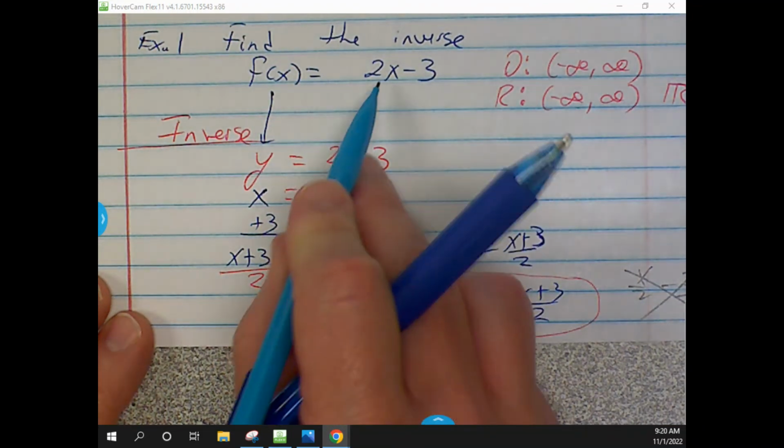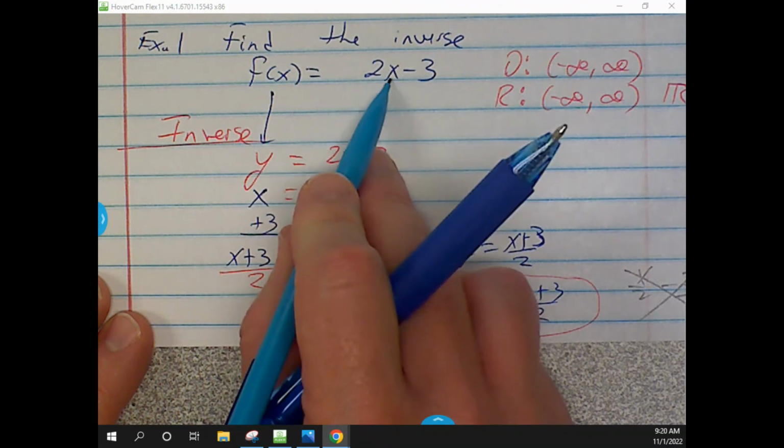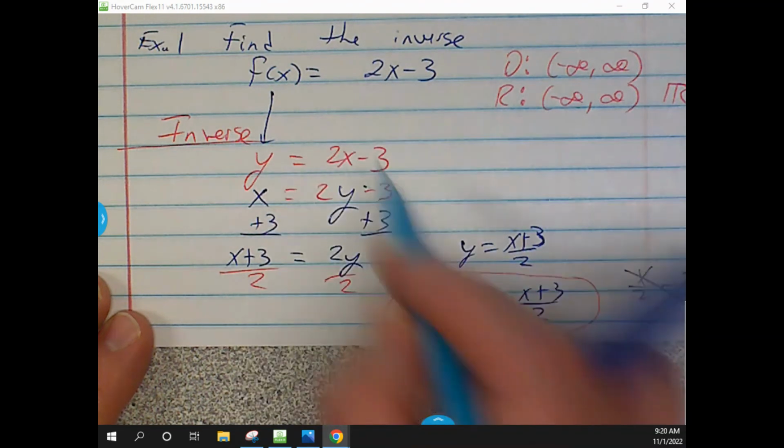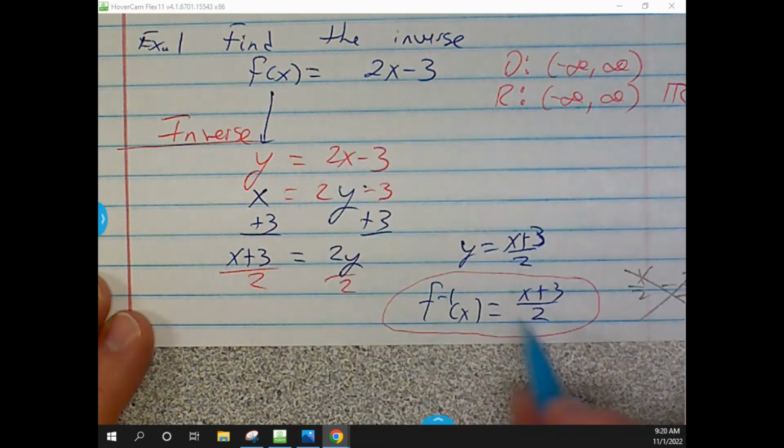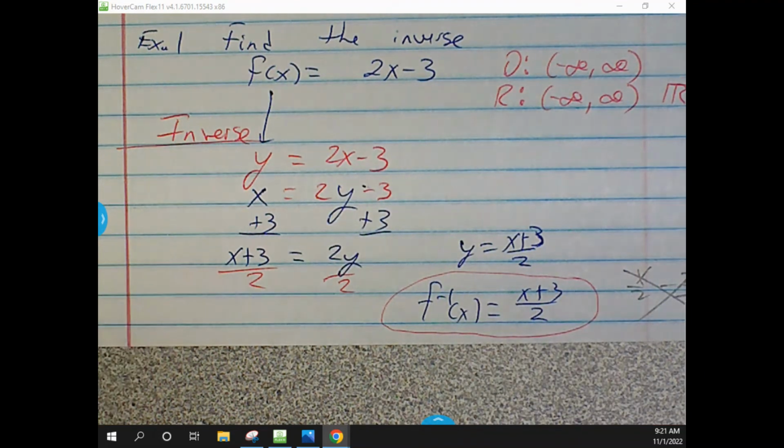It's just 2 times x, where the x is multiplied by 2. So you kind of know everything's going to be the opposite inverse operation, but it's just a matter of getting it to match up and line up. So you kind of know what the answer is going to be. You just got to make sure all the details are there.